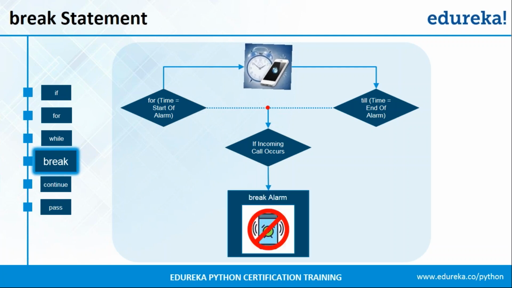What will happen? Obviously your alarm will stop ringing and your phone will start ringing with the ringtone. It's not going to ignore your incoming call and keep on ringing the alarm, right? So the loop of ringing the alarm gets broken, because this condition comes that if there is a call, it should stop ringing. This is the purpose of a break statement.